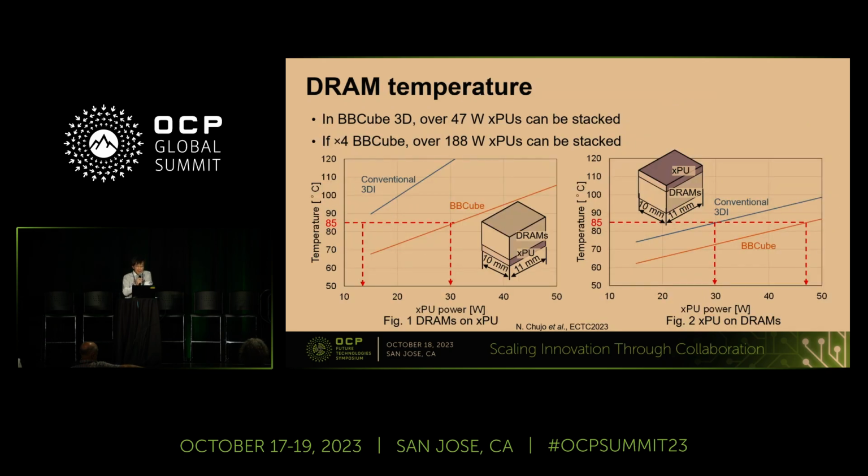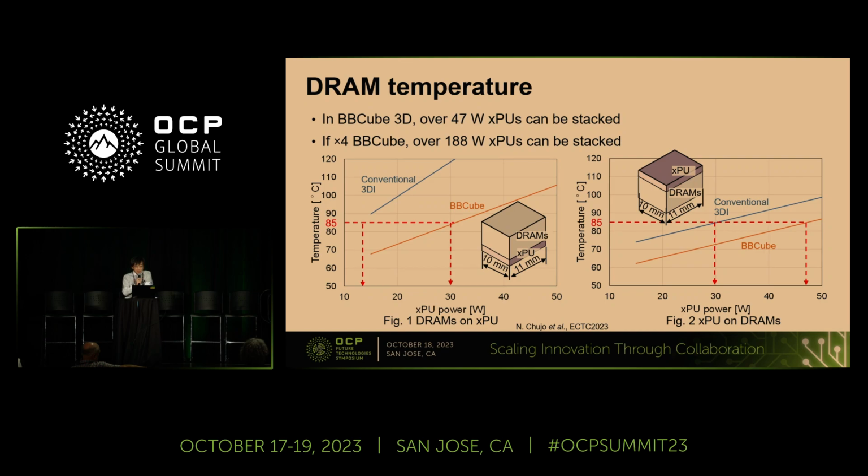Next, we analyze the temperature in the laminated DRAMs. Maximum temperature of DRAM should be under 85 degrees C to maintain its refresh interval of 64 milliseconds. In the case where the DRAMs are on top of the XPU, heat is dissipated through the DRAM.